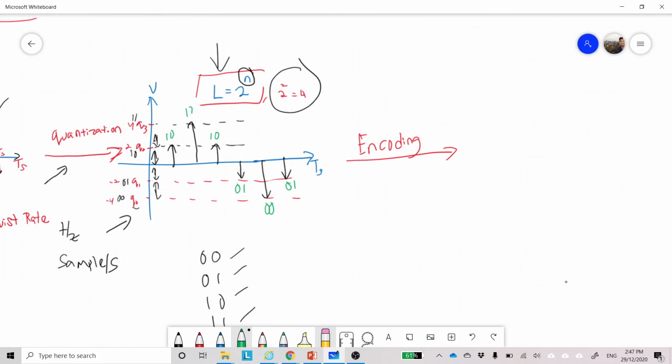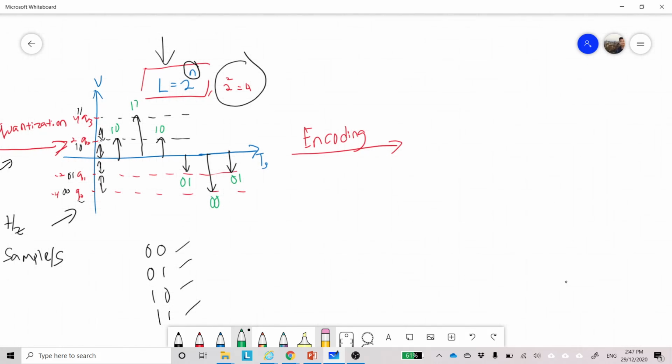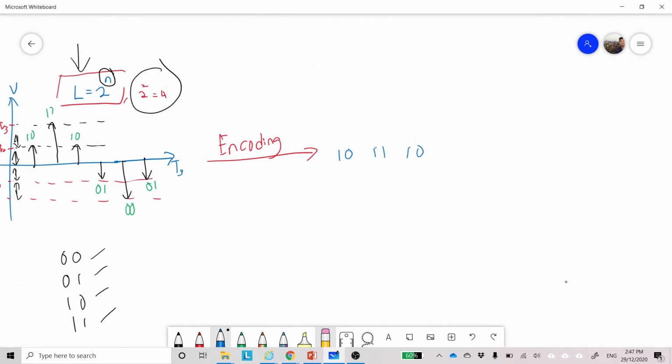Okay, so now what happen is that during the encoding process, dia akan jadi seperti ini. 10, 11, 10, 01, 00, 01.